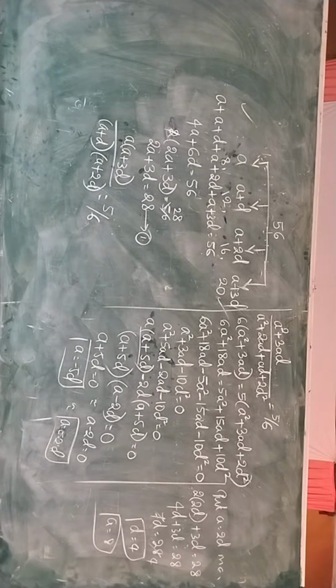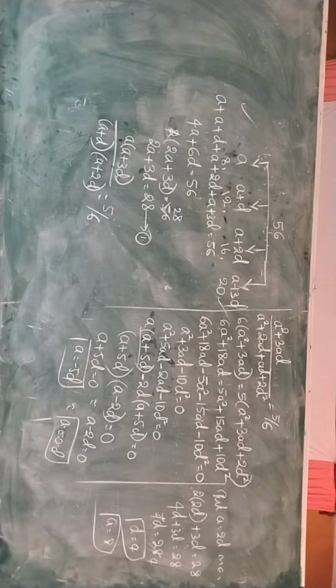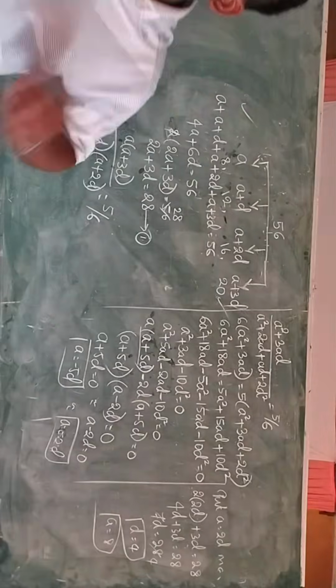The sum of three numbers in an arithmetic progression is 216.